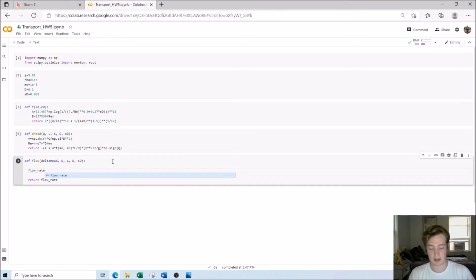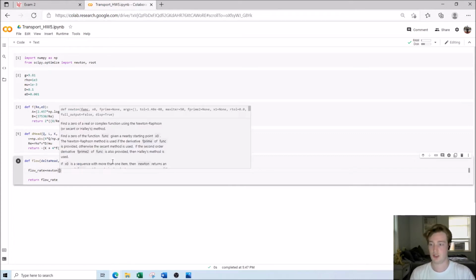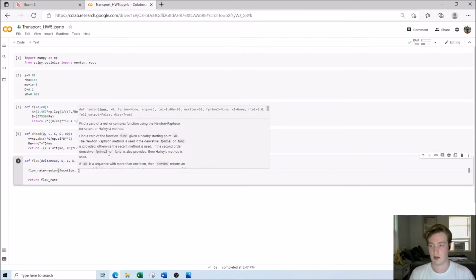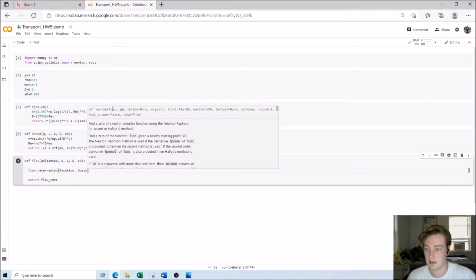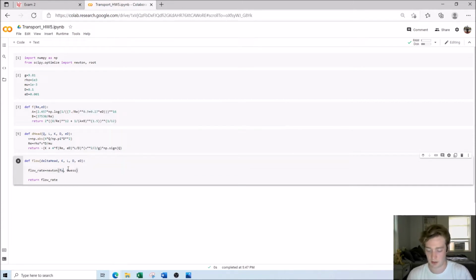So flow rate, we'll say Newton, and it'll show us what it means. So it wants a function. We'll just call it function for the moment, and x naught, our initial guess for what we want to do, we'll call that the guess. Let me respell function here. So function, perfect. Now, what we're going to do is write this function.